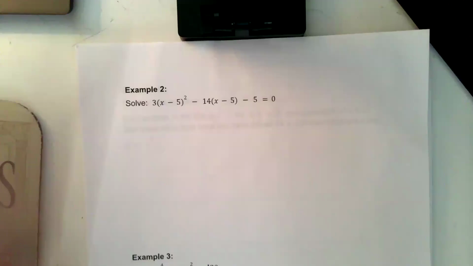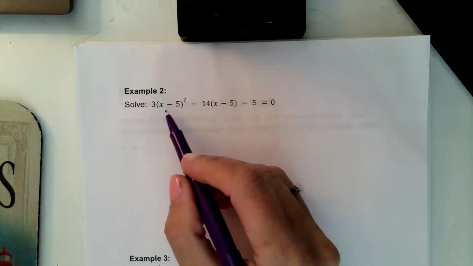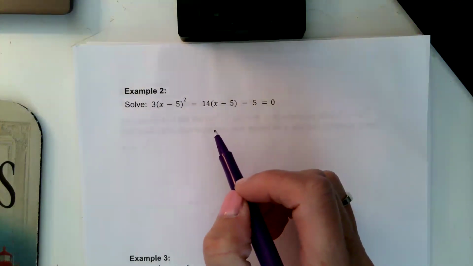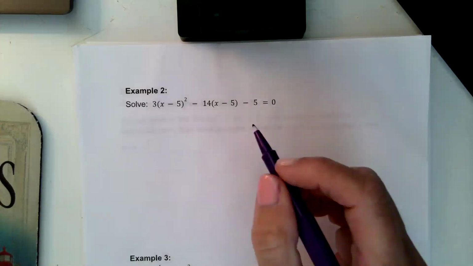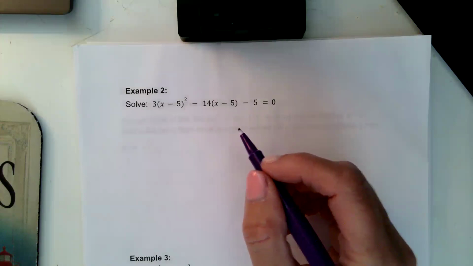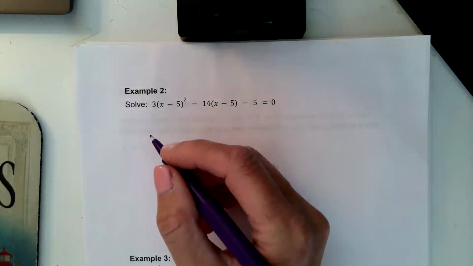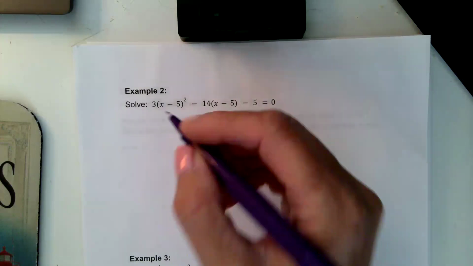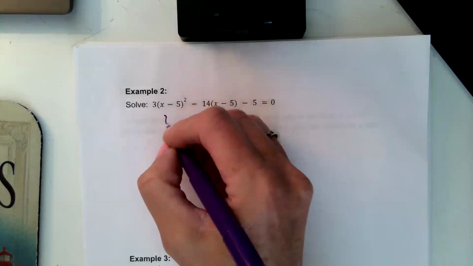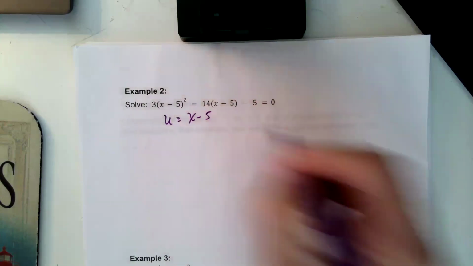So let's look at example 2. It looks like we have this x minus 5 that we could let u equal. Sorry about that, u equals x minus 5.